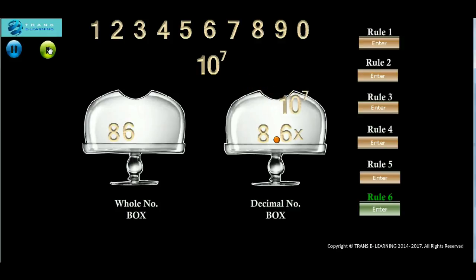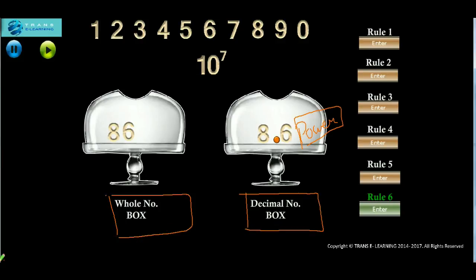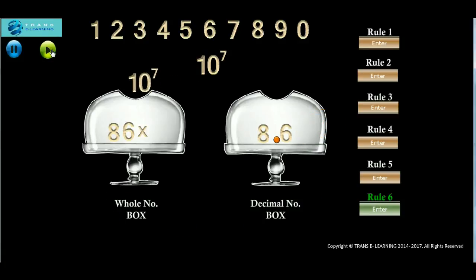Here you can see that this 10 raised to power 7 is entering this box. It's bouncing back and it has moved to the original position. So that means the power, or what we call the exponent, is not considered as significant in case of decimal numbers. So let's see what happens in case of whole numbers. As you can see, this power is entering the box, it's bouncing back, and yes, it has moved to its original position.